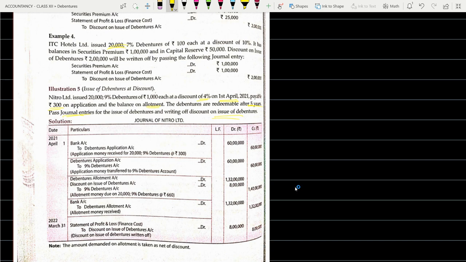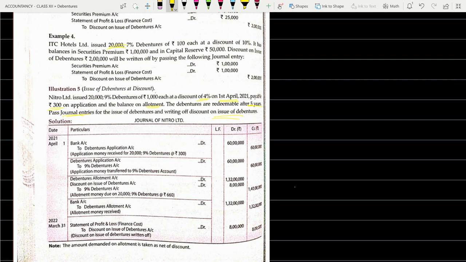Thousand, sir. Very good. So the face value of the debenture happens to be rupees 1,000, and out of 1,000, how much is on application? 300.